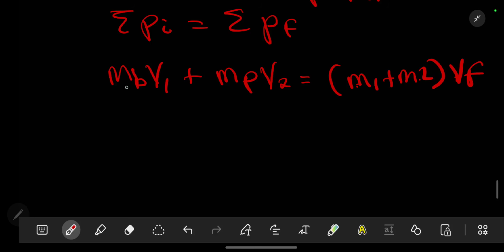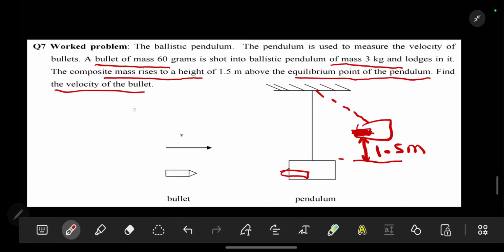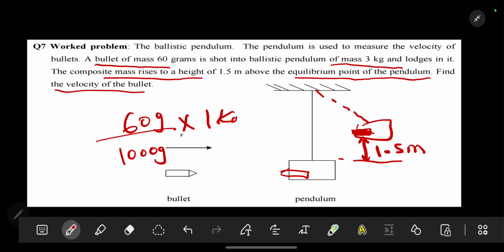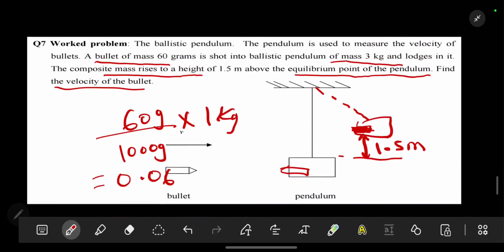Now what we are going to do is take our mass of the bullet. If it is in grams, just get the 60 grams, divide it by 1000 grams times 1 kg. This is the chain link. So when you do your calculation, it will give you 0.06. So we have 0.06 kg times the velocity of the bullet, which is unknown, the velocity number 1, plus the mass of the pendulum, which is 3 kg.